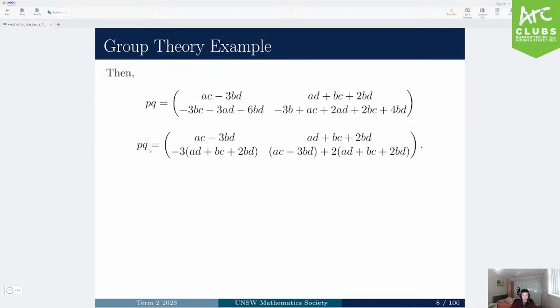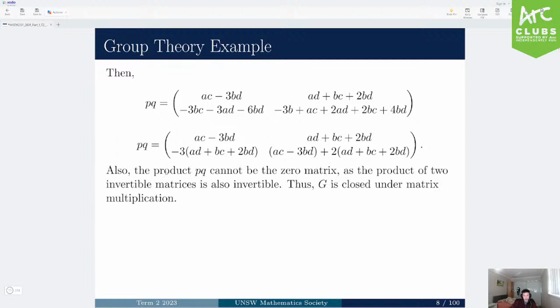Because if we want this determinant to be 0, then either one or both of the determinants of P or Q has to be 0, but that can't happen, right? So PQ can't be the 0 matrix, as the product of two invertible matrices is also invertible. We can just look at the determinant in this case, and thus G is closed under matrix multiplication.